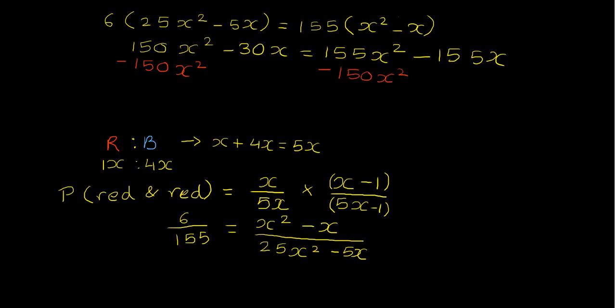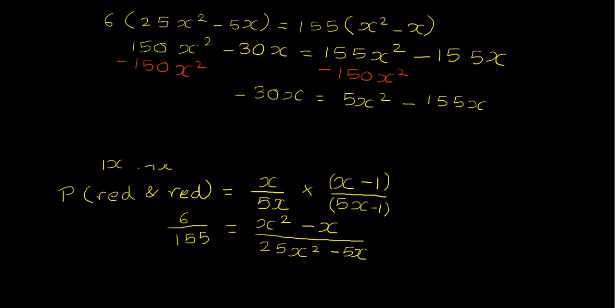And what that does is leaves me with just minus 30x here is equal to 5x squared minus 155x. And I'm going to get rid of this bottom bit here because I need all of that space as well.